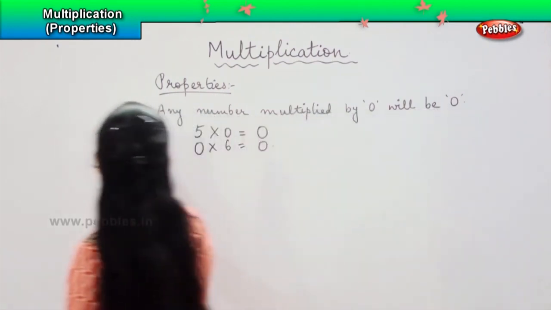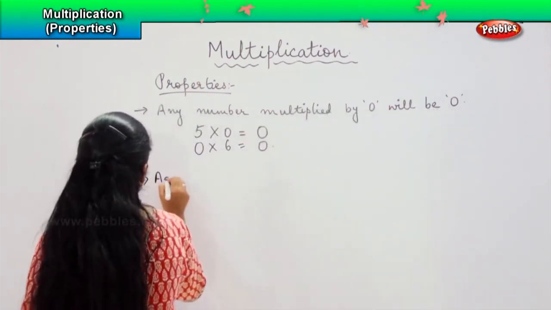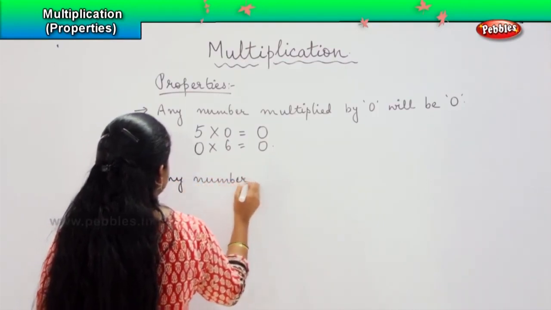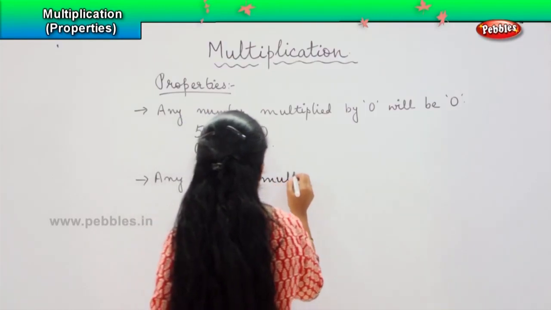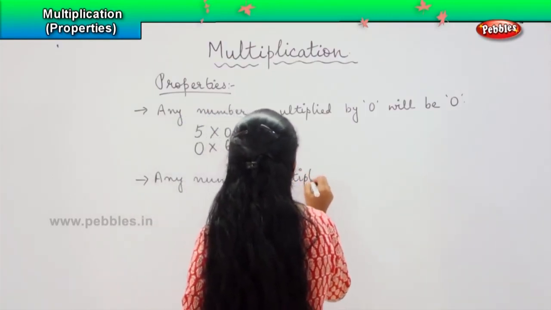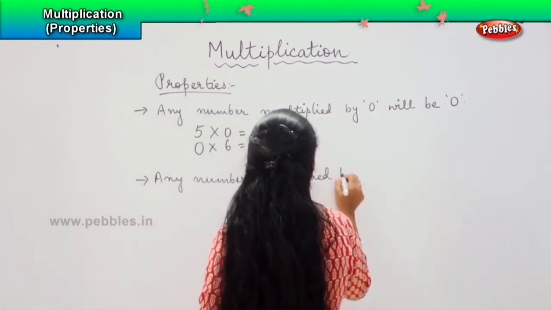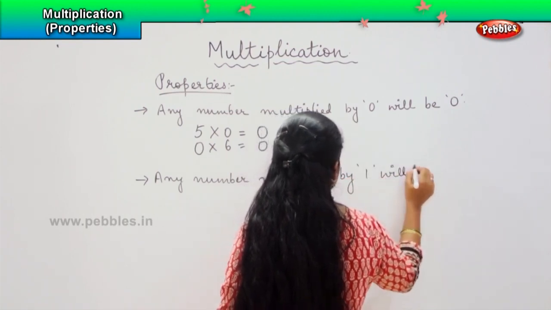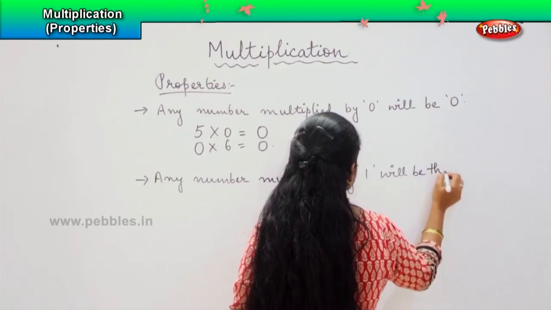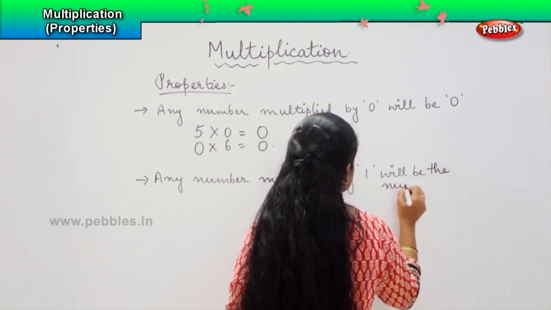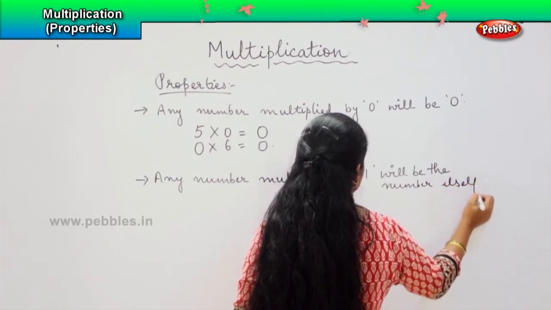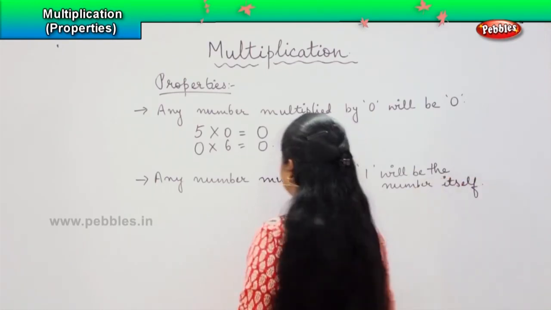Now, the second property says any number multiplied by 1 will be the number itself. So, what does this mean, children?